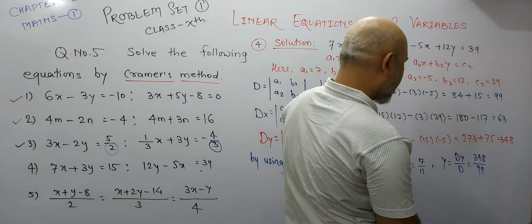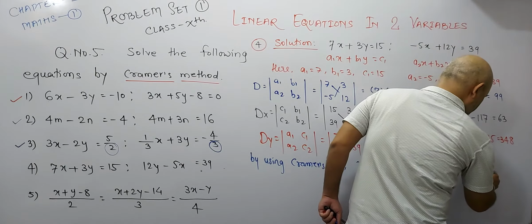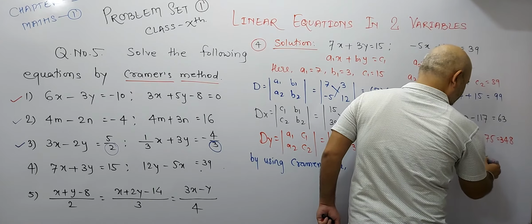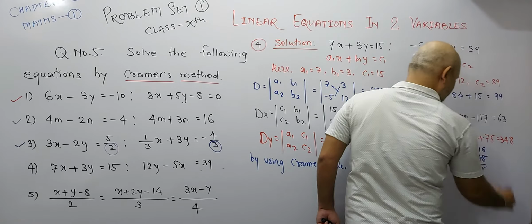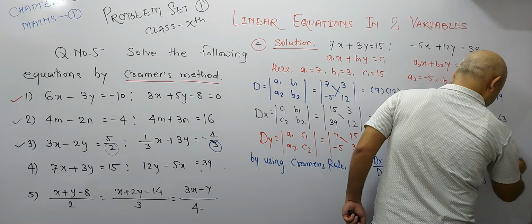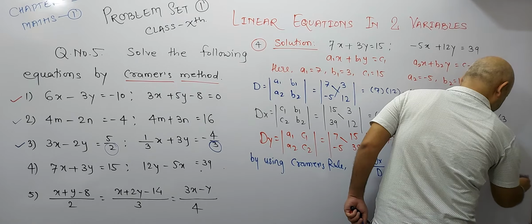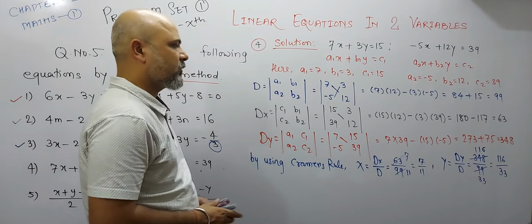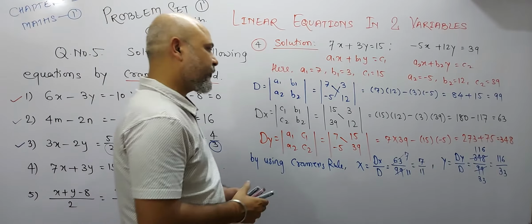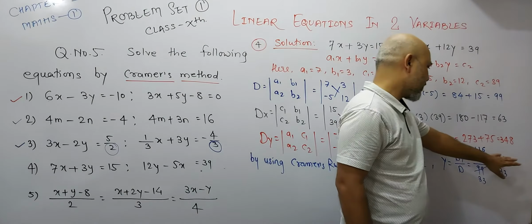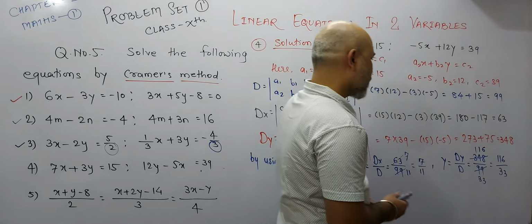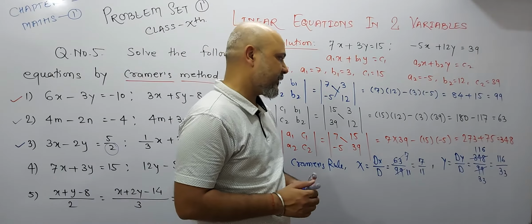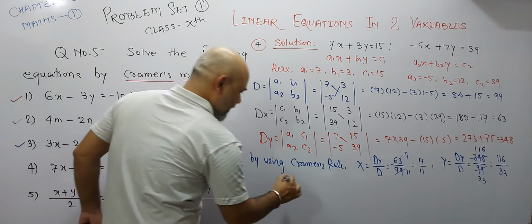So 3 threes are 9, 3 threes are 9, and 3 sixes are 18. So this will be 116 upon 33. Now you cannot divide this further by any number. So the value of y is 116 by 33.